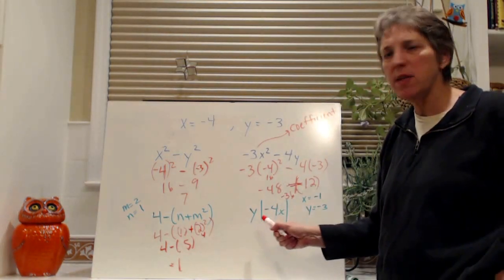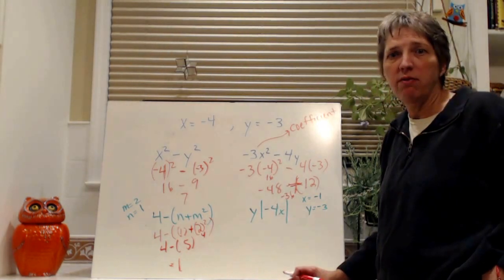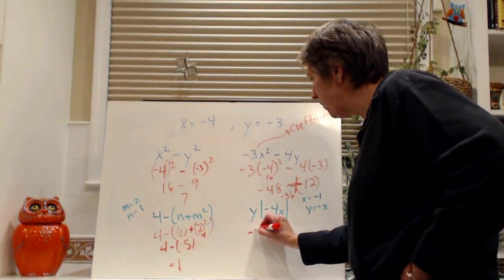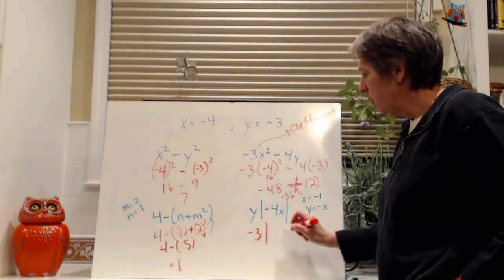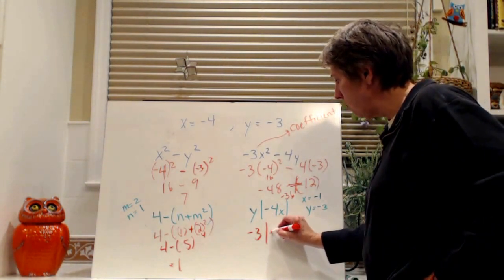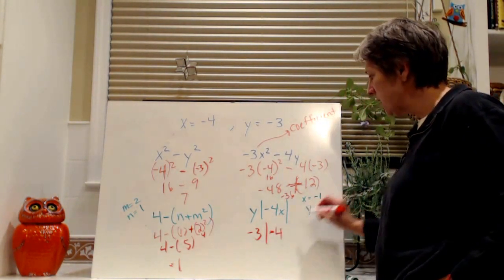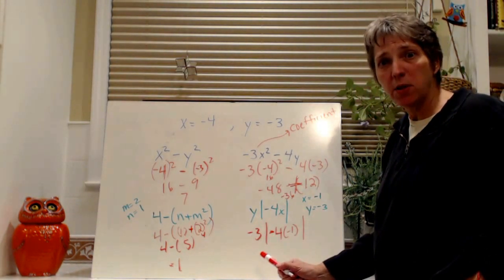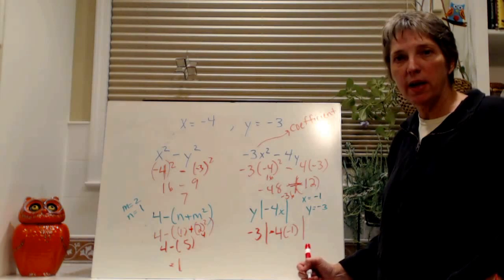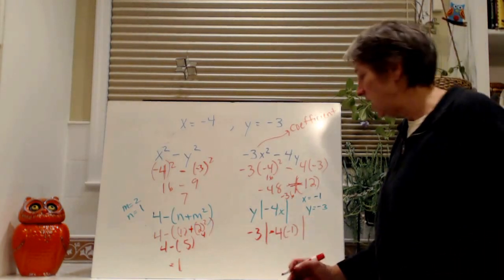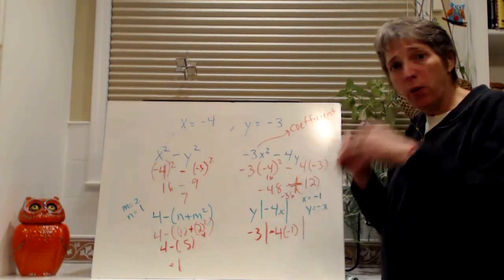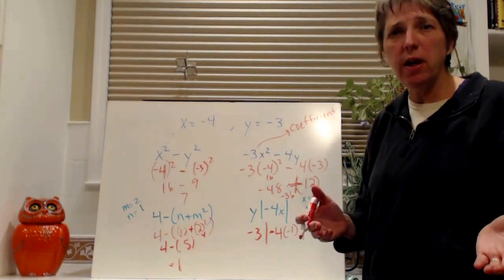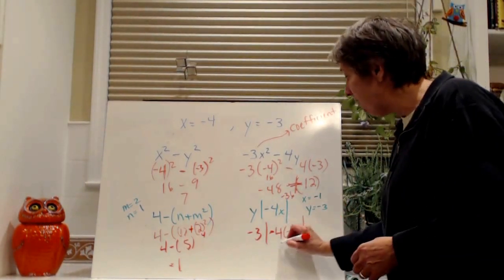Now we have y times the absolute value of -4x. Y is -3. We replace, we have -4, and then x is -1. So we have -3 times the absolute value of -4 times -1. Okay, so -4 times -1, we go inside the absolute value, we evaluate -4 times -1, we get 4.